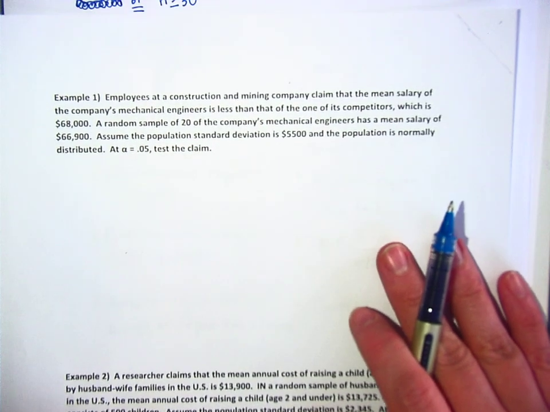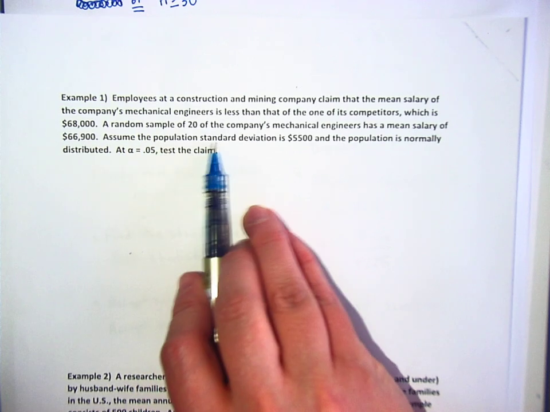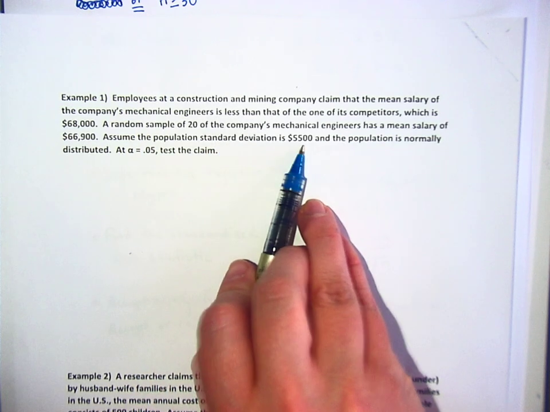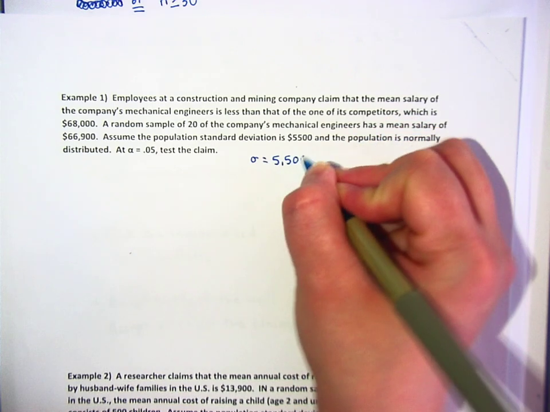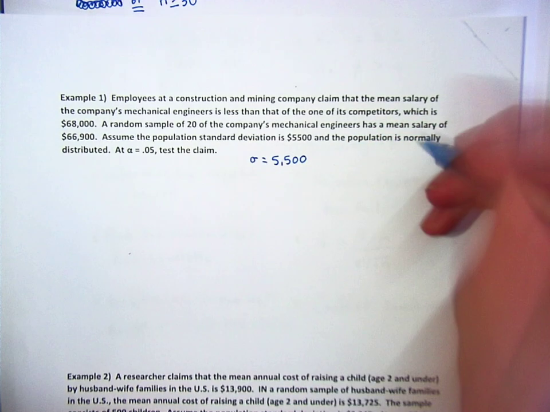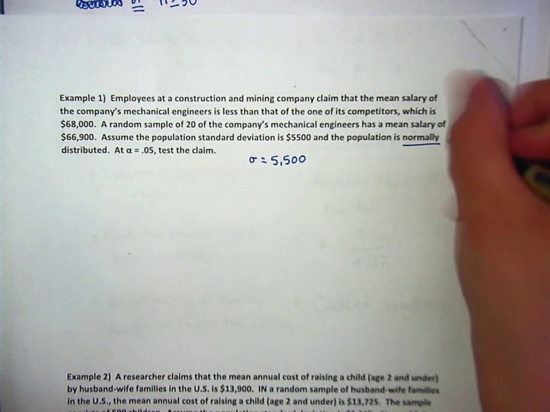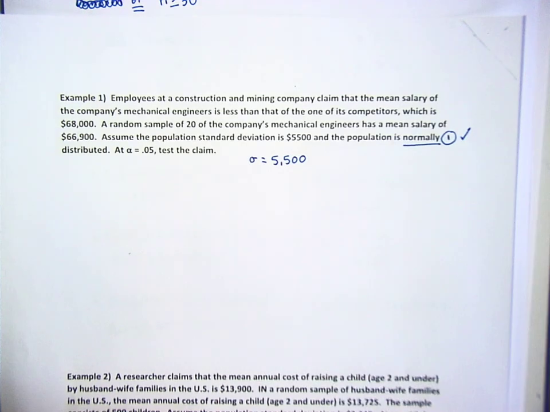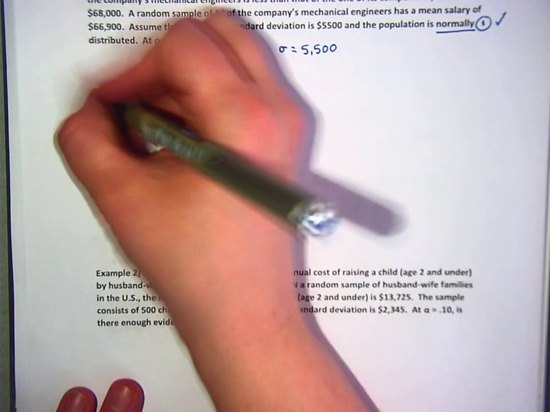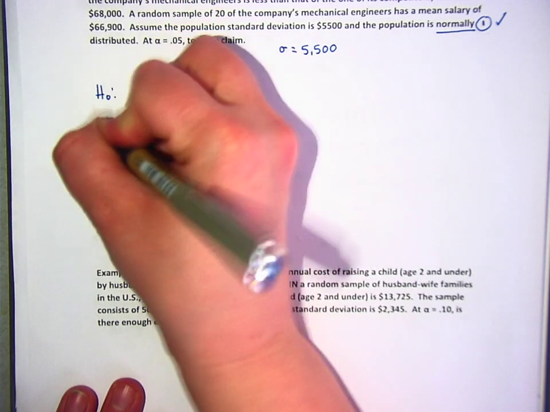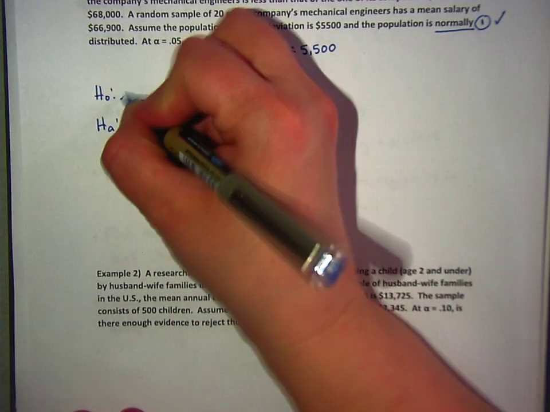Okay. Verify that sigma is known. Do you see how it says assume that the population standard deviation is 5,500? So you can write that sigma would be 5,500. And that it's normal. So that's step 1. I'm going to write a little 1 by that and write check like we did it. Step 2 is to state the H sub O and the H sub A. This is what you guys practiced yesterday, the null and the alternative. Now we're talking about means, so I'm going to write mu for both.